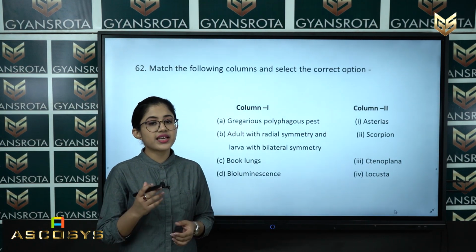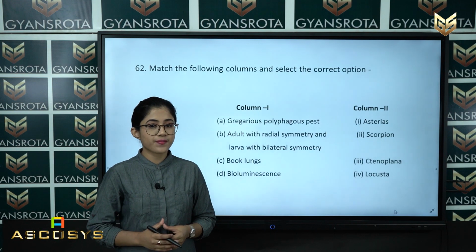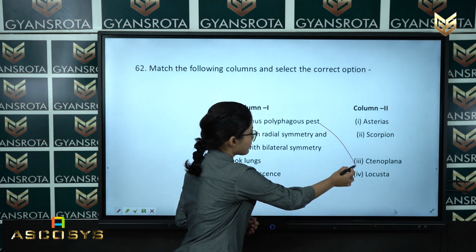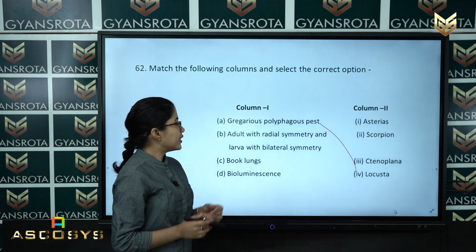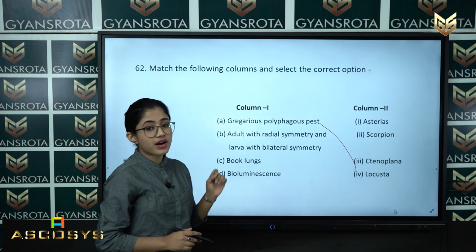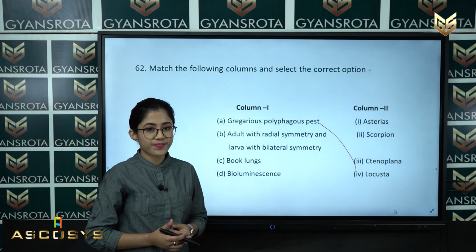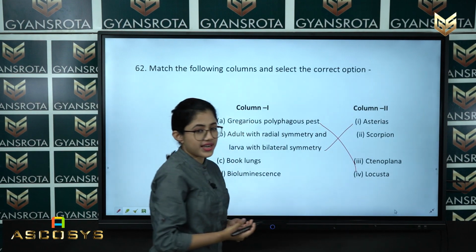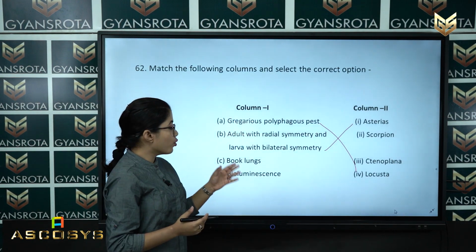First one is gregarious polyphagous pest. It is the locusta. So it will match with locusta. Next is adult with radial symmetry and larva with bilateral symmetry. That is asterias, which means starfish, right? And the next is book lungs.